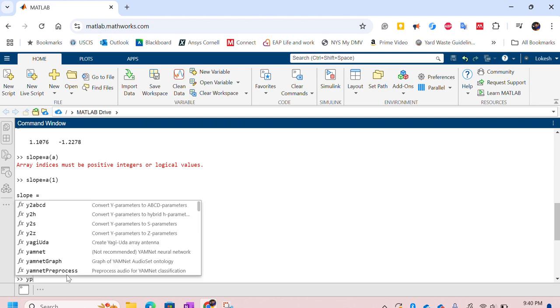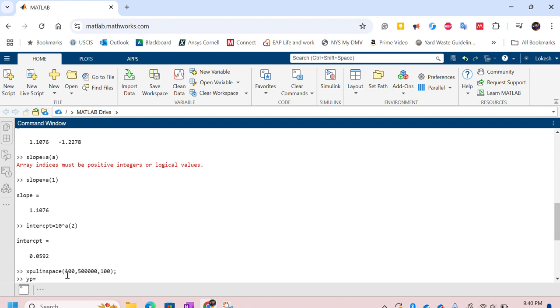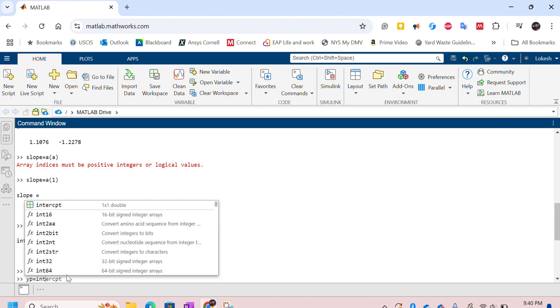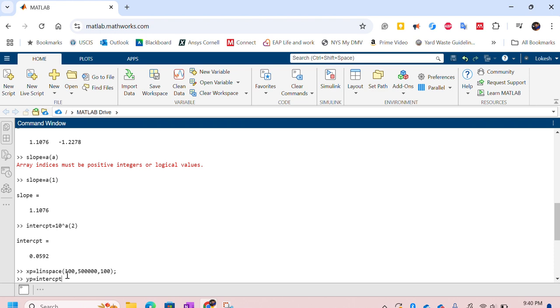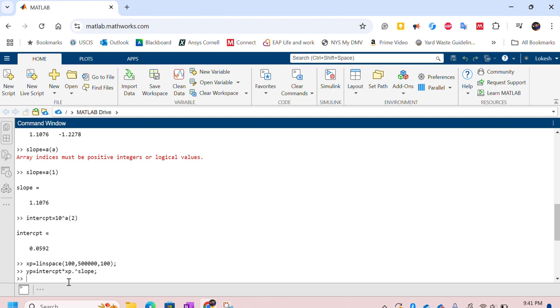So my yp is going to be my intercept multiplied by x to the power slope, and that will be xp instead, and that's my xp and my yp.